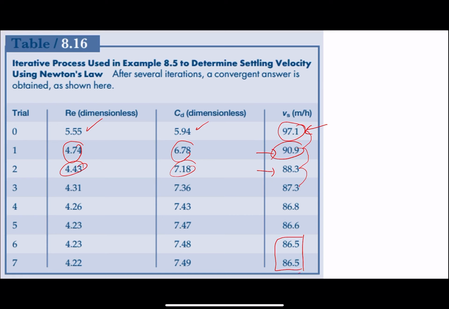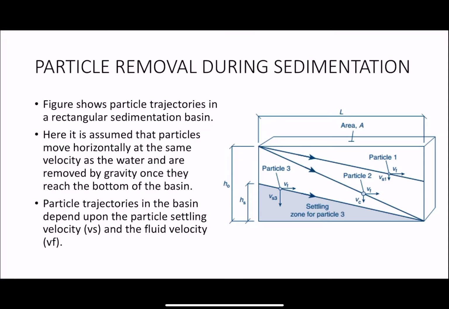So the settling velocity of this sand particle is 86.5 meter per hour. The Reynolds number was almost 4.22, which is still higher than laminar flow, and CD is 7.49. So this is the settling velocity that should be the solution of this problem.